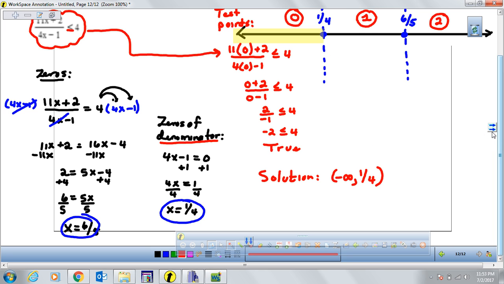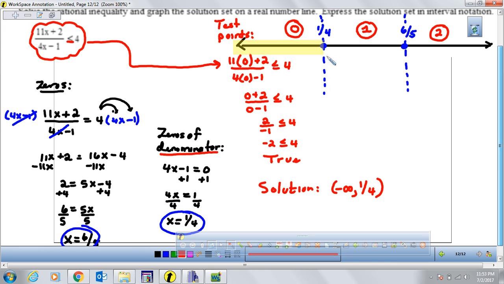Okay, so let's find the rest of them. Now I'm going to substitute the 1. So it's 11 times 1 plus 2, divided by 4 times 1 minus 1, is less than or equal to 4. So 11 times 1 is 11, plus 2 is 13. 4 times 1 is 4, minus 1 is a 3.